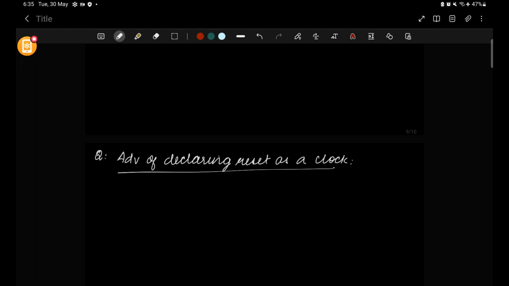Okay. So say for example, you are having a flop like this in the design. This is the reset port. Just consider that this is an active low reset, and the reset port name is reset.